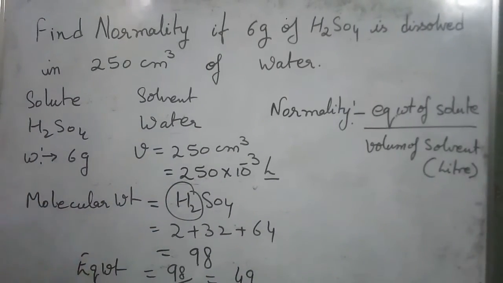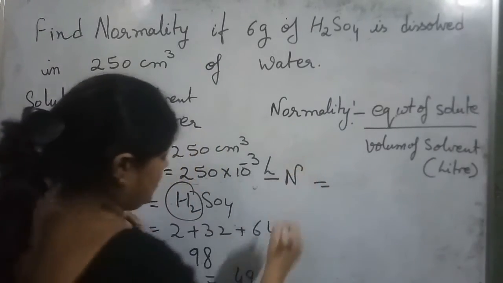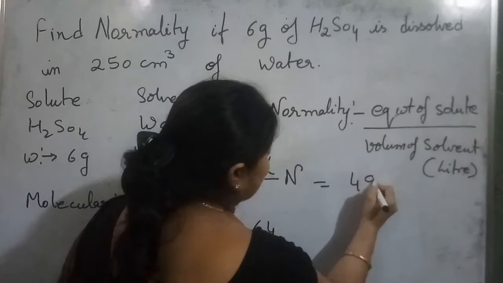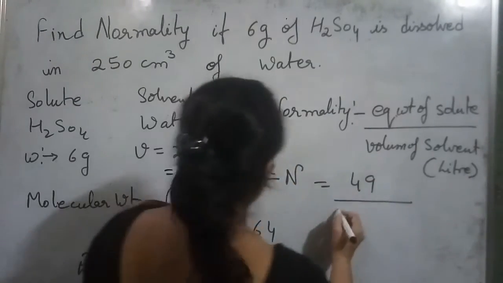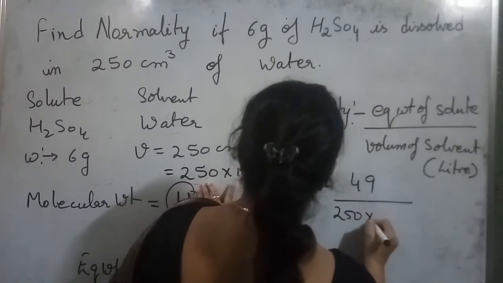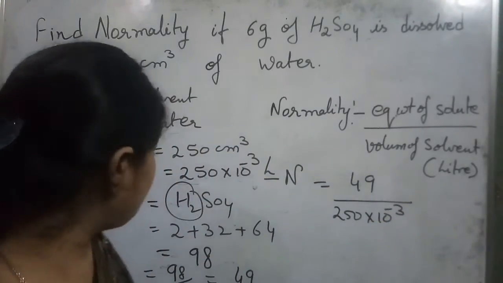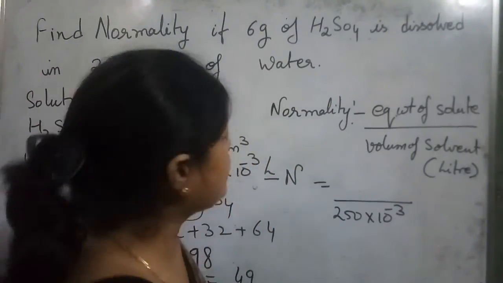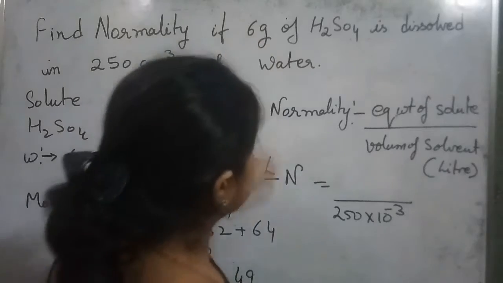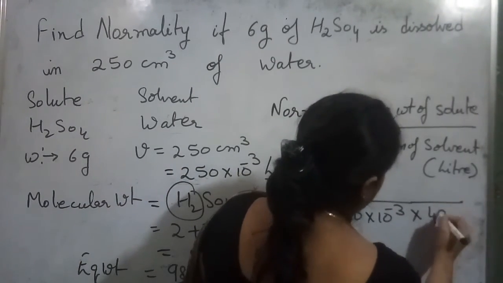Clear? Now we are going to substitute the values and find the normality. For the equivalent weight we have taken weight in gram, which is 6 gram, and here we write 49.